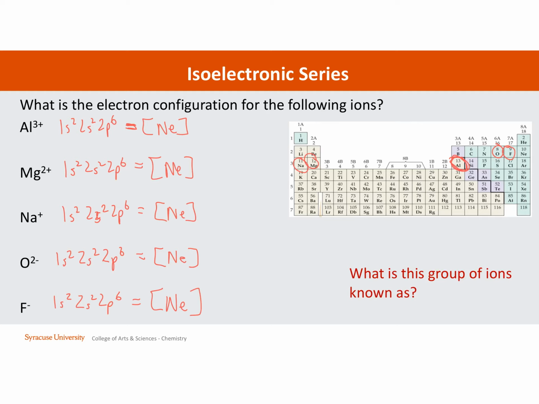Isoelectronic with neon. What is this group of ions known as? This is an isoelectronic series. All of these ions have the exact same electron configuration as neon.